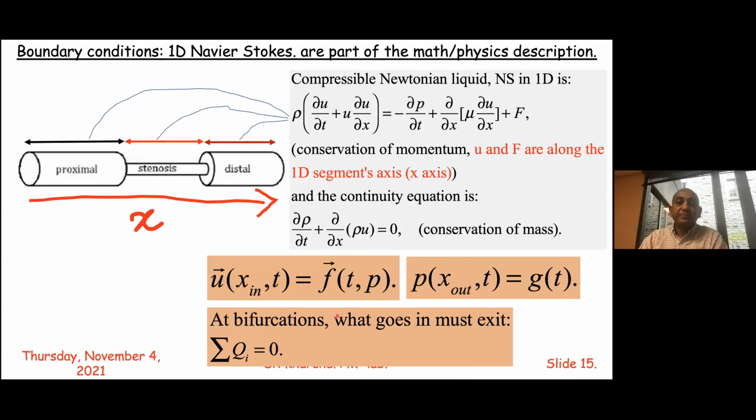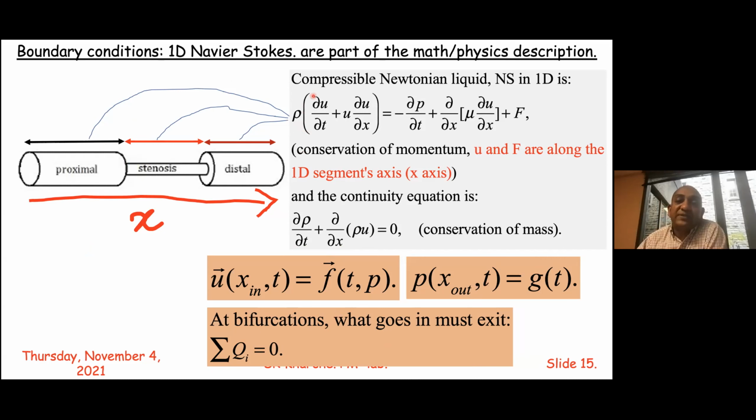Now, fine. Quite a few of our projects, Anki's, Nicole's, and mine, are concerned with 1D models. Nemashi's whole rat arterial structure is 1D Navier-Stokes.